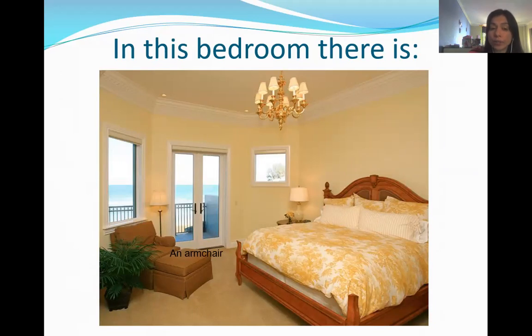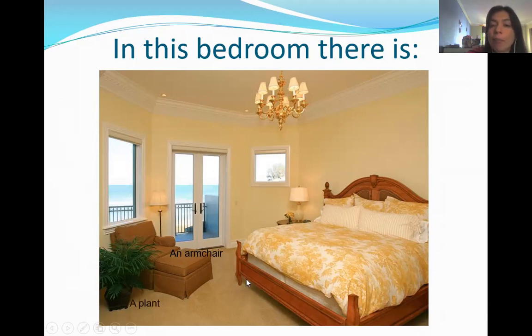Hay un sillón. El armchair es estos sillones, ¿no? Que son así súper cómodos. ¿Sí? A ese se le dice armchair. There is an armchair. Remember, we use an with the words that begin with a vowel.